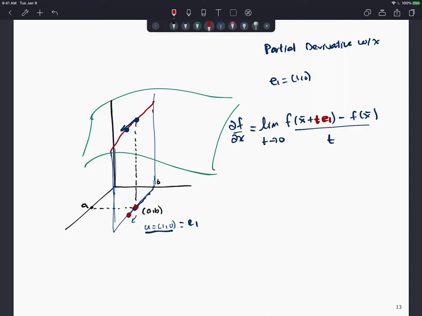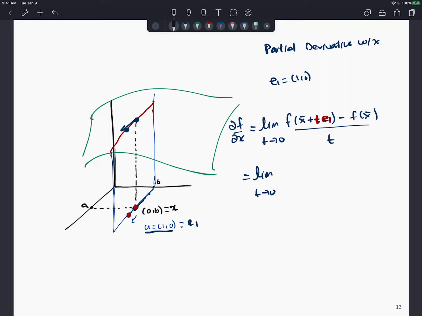So in practice, if you do this with coordinates, this becomes the limit when t goes to 0. Remember, this is my point x, which is (a, b).